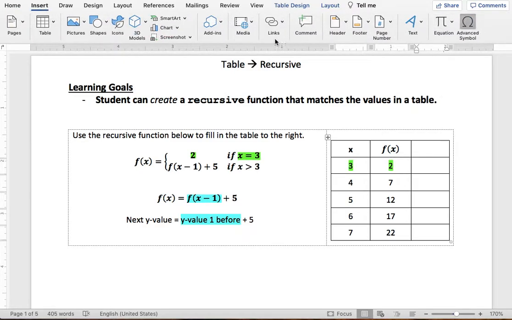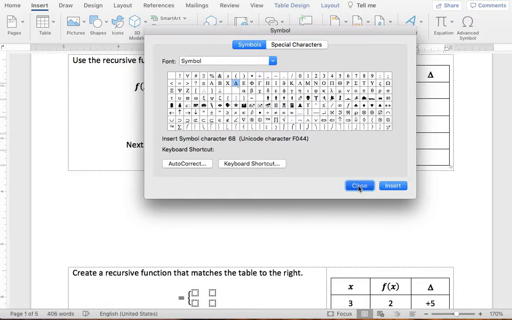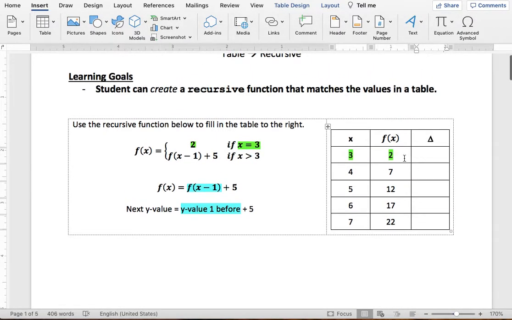This is my change column. Two plus 5 gave me the 7. 7 plus 5 gave me the 12, etc.